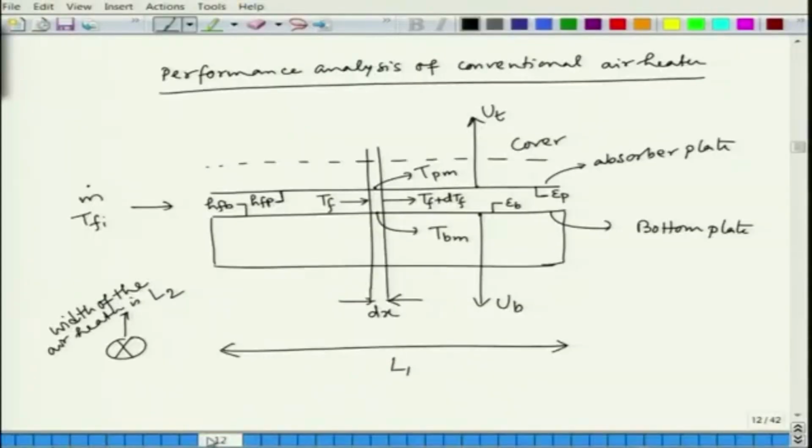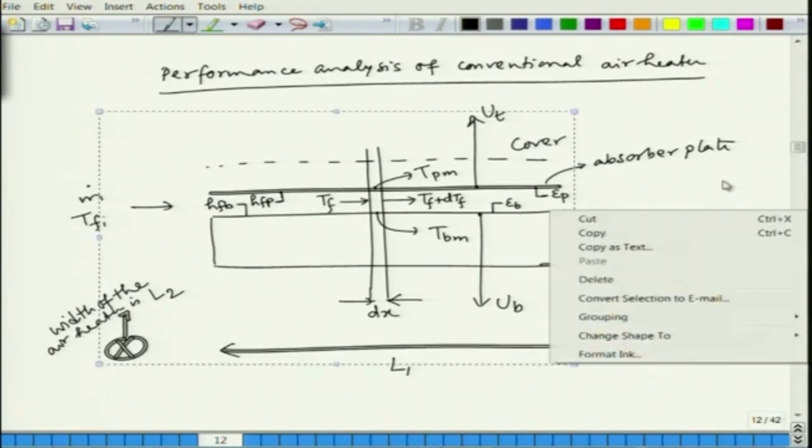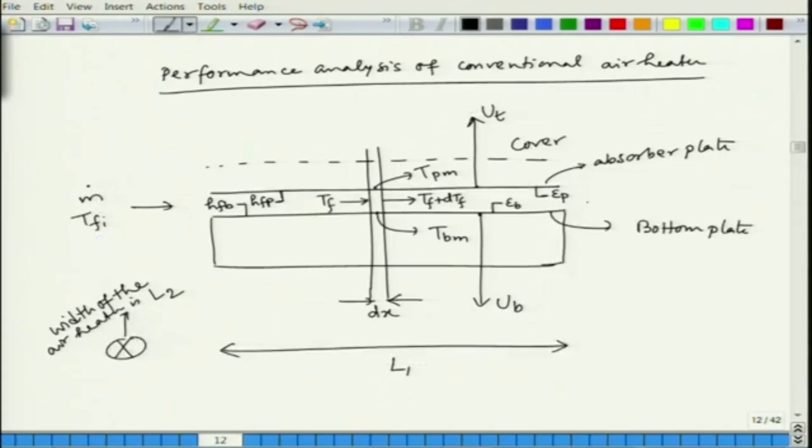So, this is the figure we drew in the last class, where we have a cover, then the absorber plate here, and then the bottom plate here, and the lower portion is insulated. We have seen that the thermal resistance circuit is a little bit different in this case.